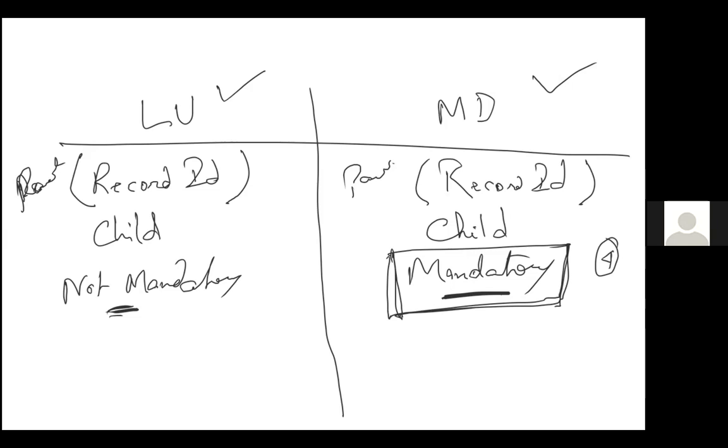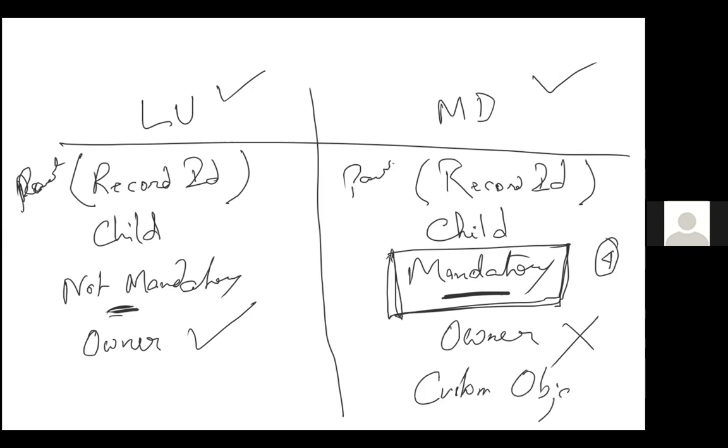Most important, another part is that lookup has no impact on owner. Owner is fine. Owner field remains. Here, owner field is deleted. Whenever you create a master detail field on any object, the owner field will be deleted. Please remember, master detail field can only be created on custom object. It cannot be created on standard object.